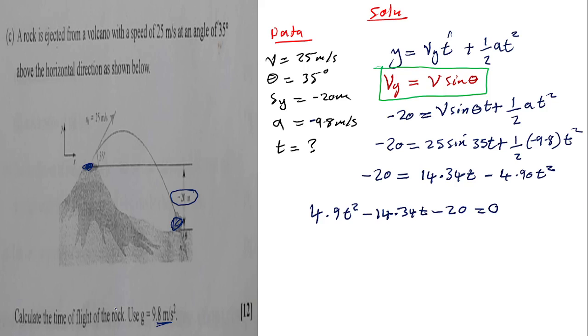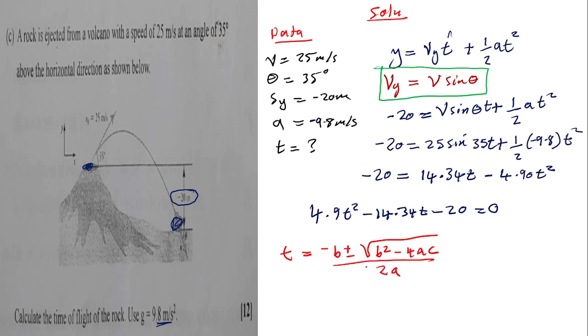So the quadratic equation will be t, which is time, is simply equal to negative b, and then positive or negative, and then square root b squared minus 4ac over 2a.